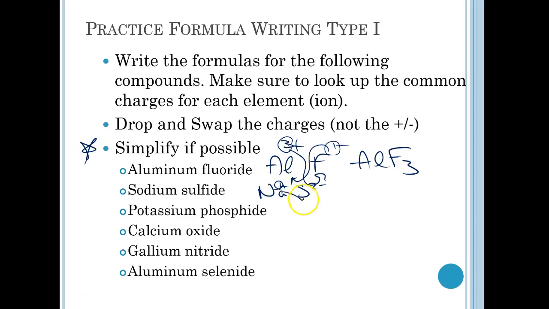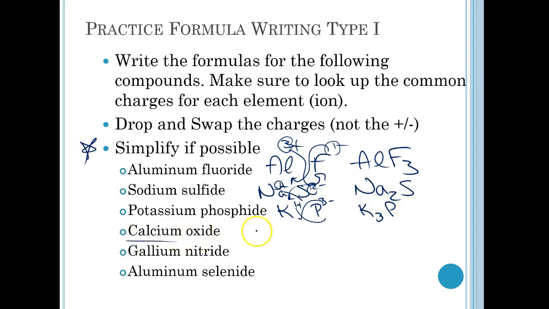The 1 drops, the 2 drops, and swaps, both of them. You get Na2S. Potassium phosphide, K, 1 plus, phosphorus, -3. Drop the 1, drop the 3, swap them both, and you get K3P. And again, you don't have to show the ones if you don't want.